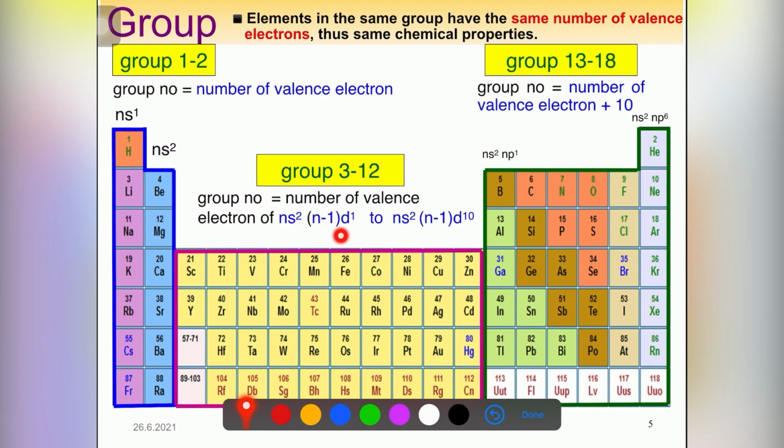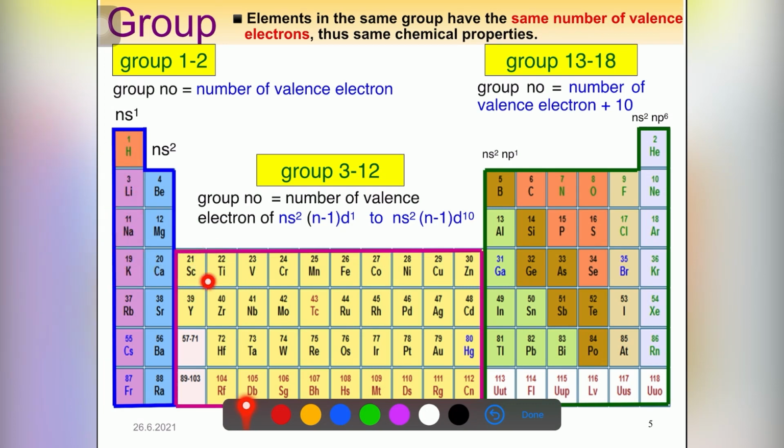Starting from d1, you can see that the ns2 are the same, from d1 until d10. For the example, I take scandium. Scandium is located in period 4: 1, 2, 3, 4.